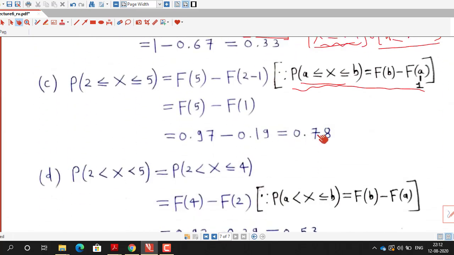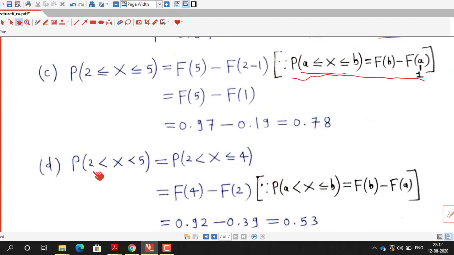So it is 0.78. Now if we consider this event 2 less than x less than 5, then x less than 5 means the possible value of x is less than or equal to 4. Because of the strict inequality, x can never be equal to 5.